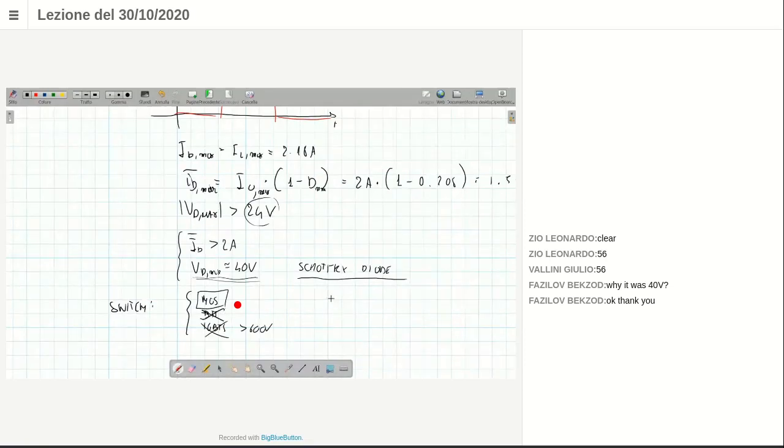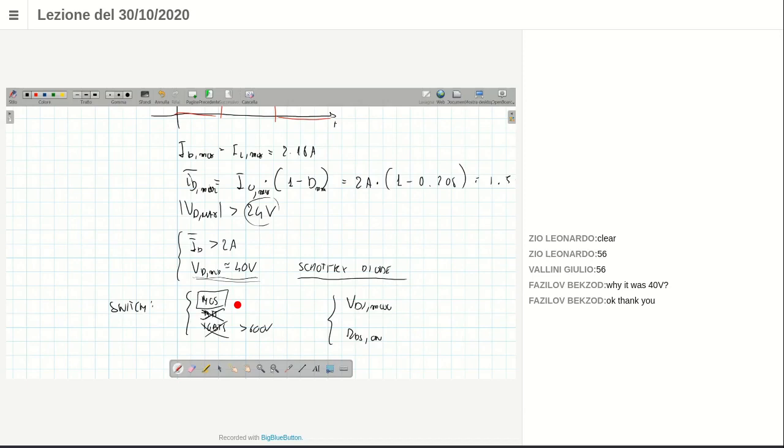Well, the two main parameters to be considered are the VDS maximum, the maximum reverse voltage which can be sustained, of course, and the RDS on, which is related to the losses, to the voltage drop across the switch, and in the end to the efficiency of the converter.